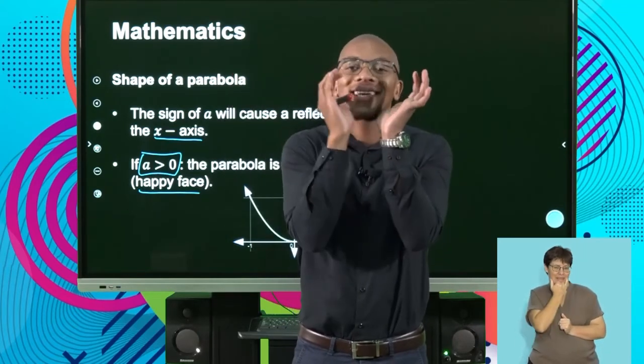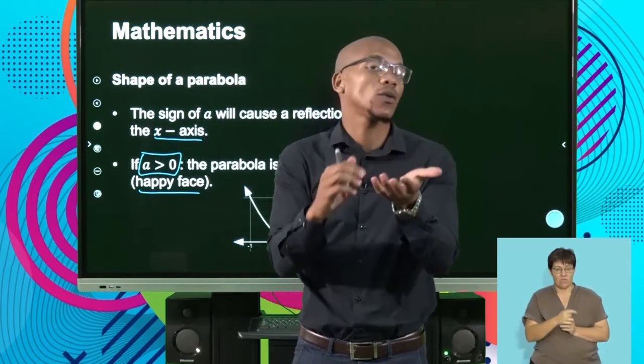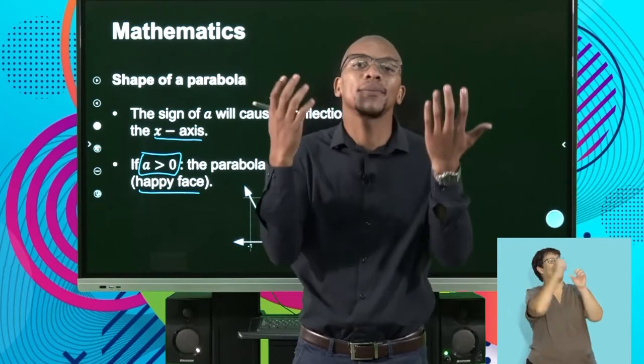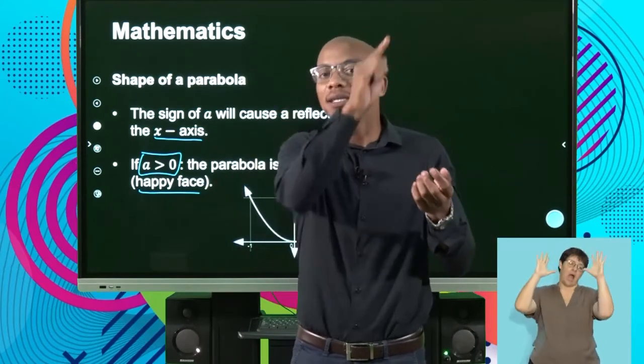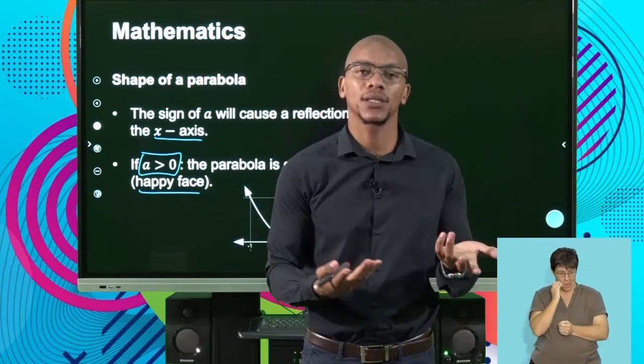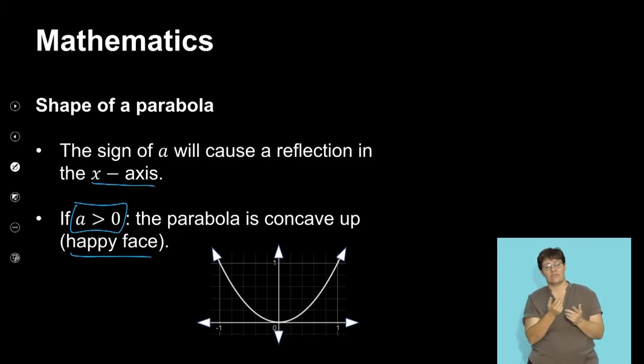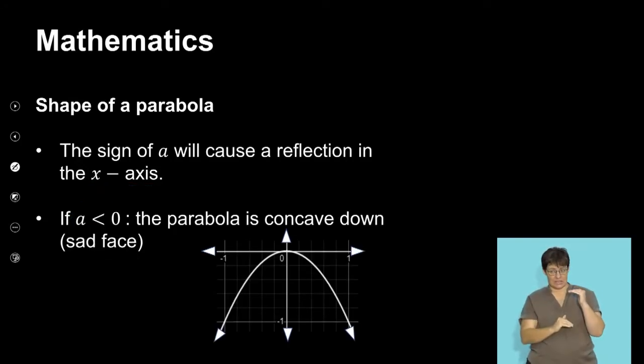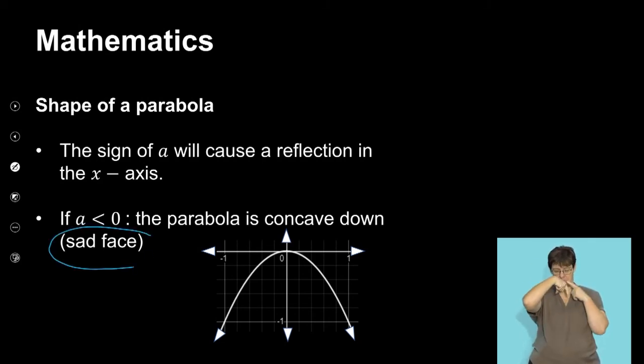So it is forming a smile, which is a happy face. So that's why we are saying it's a happy face, just for you to understand and see it visually with your eyes, right? Then, when a is less than 0, it is normally said to be concave down, which we say is a sad face, right? So it will be facing that way.